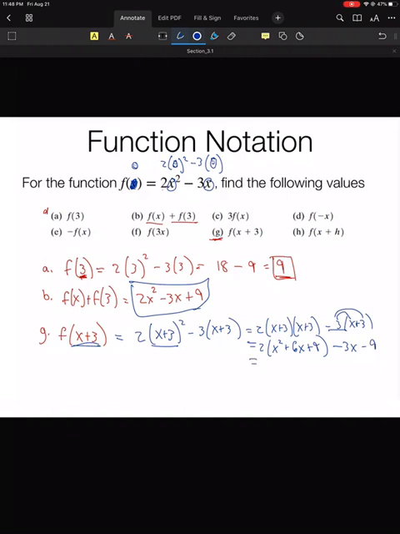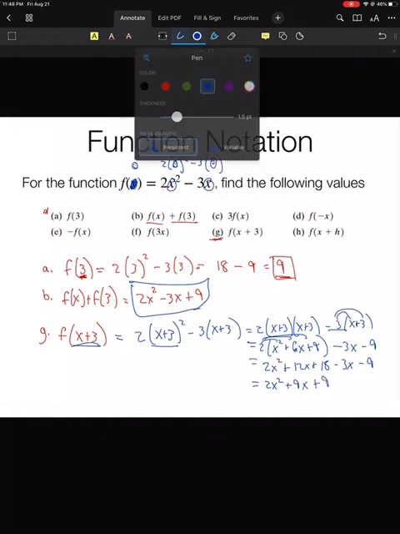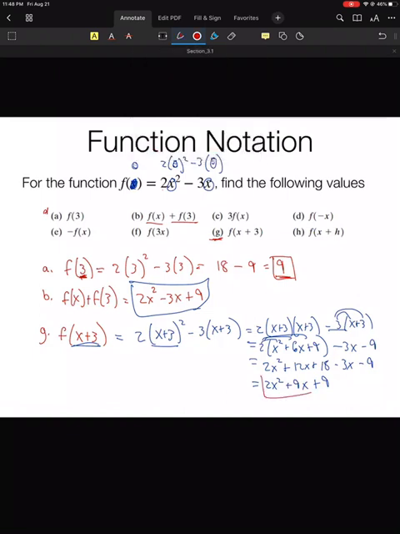And when we take the 2 through, we get 2x squared plus 12x plus 18, minus 3x minus 9. We can then combine like terms, and we get 2x squared plus 9x plus 9. And that is the final answer to this.